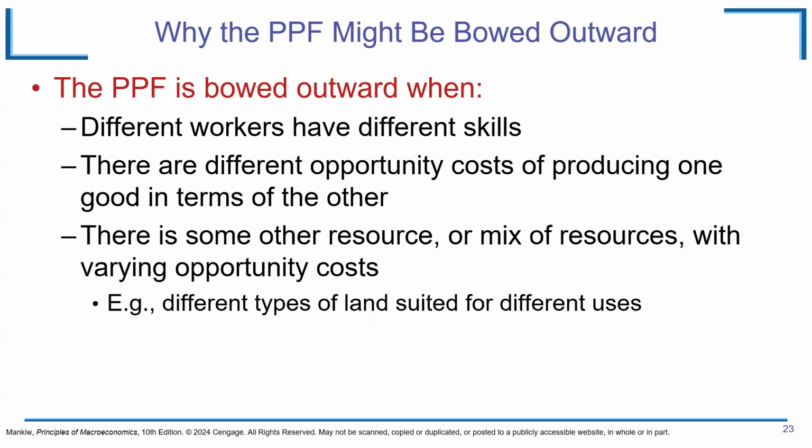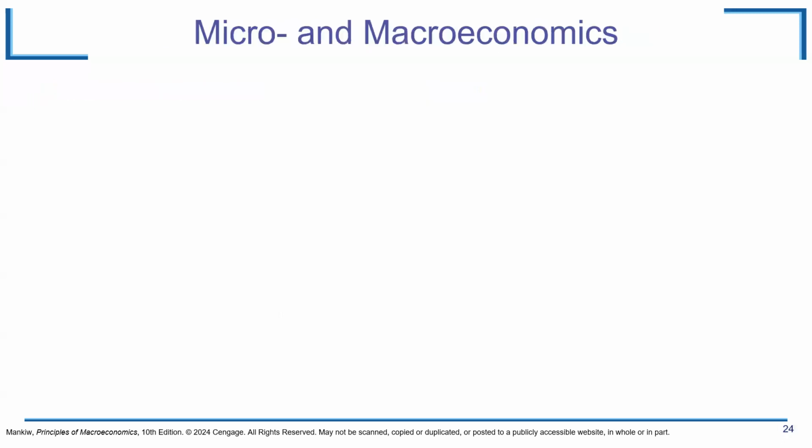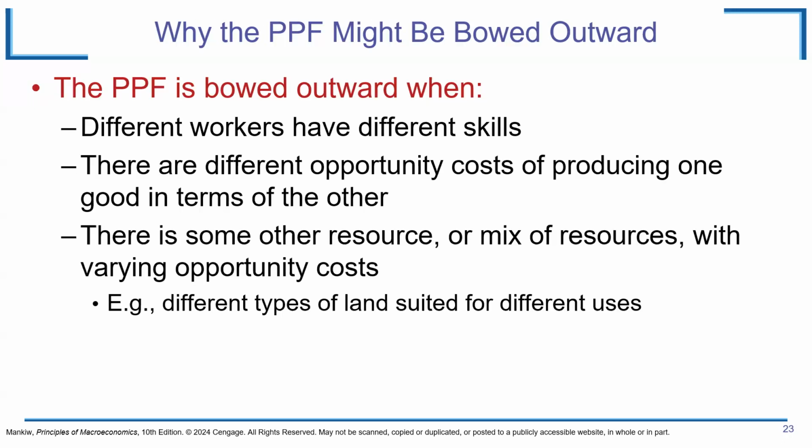There are also other resources or mixes of resources with varying opportunity cost, for example the different types of land suited for different uses, right? All this kind of heterogeneity, in other words this difference across all the individuals within the group, will lead to this bowed outward PPF.